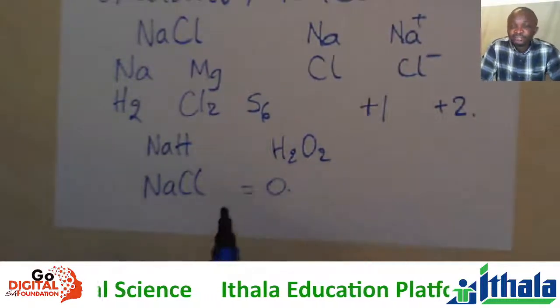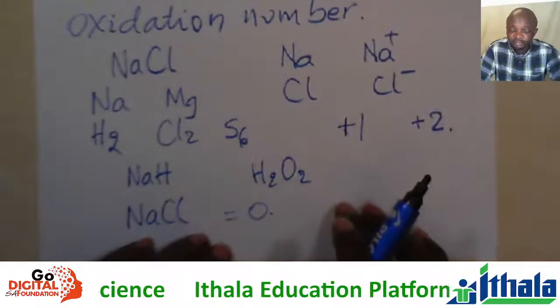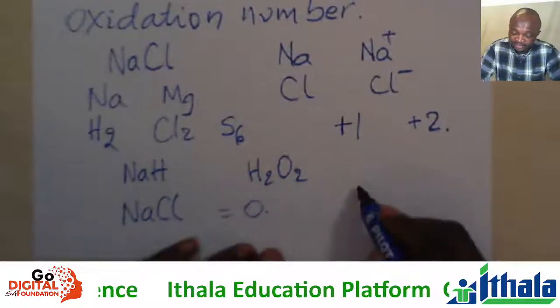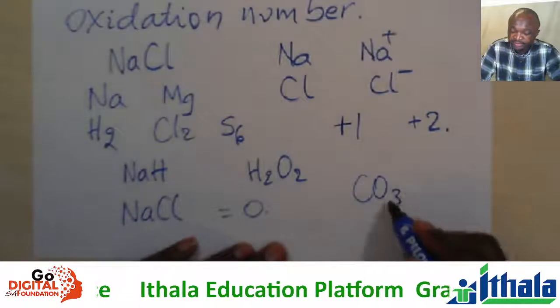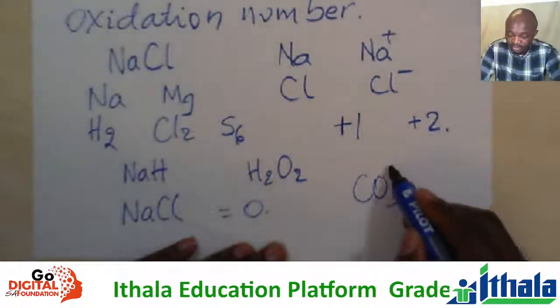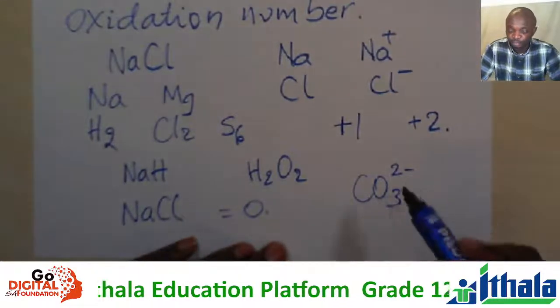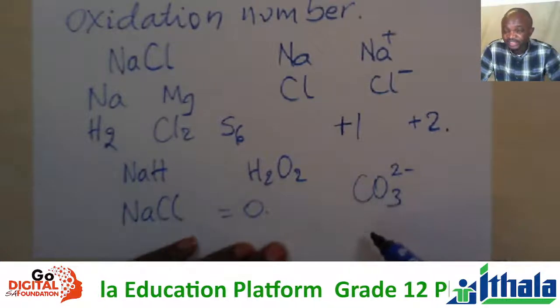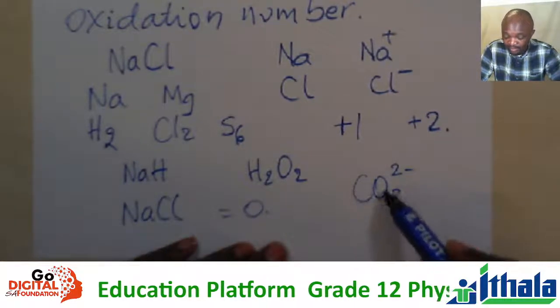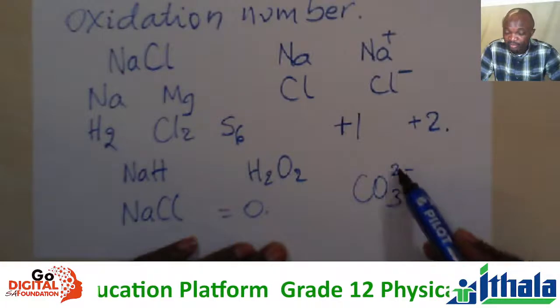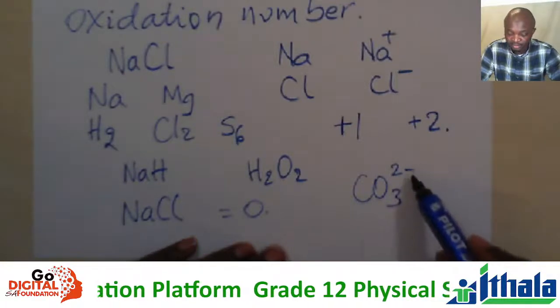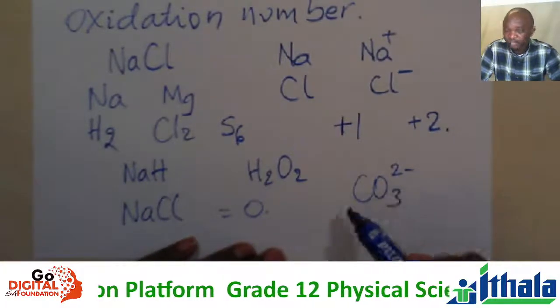Kodwa kwenzeka futhi compound ibe an ion, a polyatomic ion such as carbonate. Uma ngithi carbonate ino CO3 2-, kusho ukuthi the sum of oxidation numbers ka carbon nama oxygen awu 3 will be equal to negative 2, right? So when it's a pure compound, that will be 0.